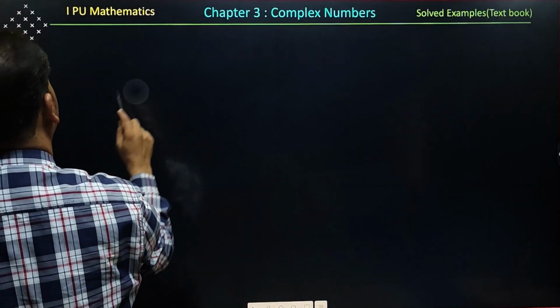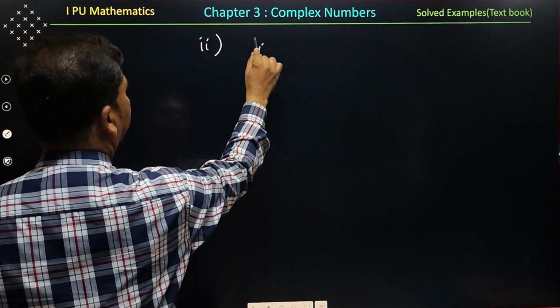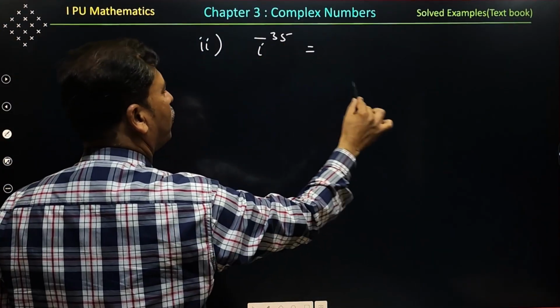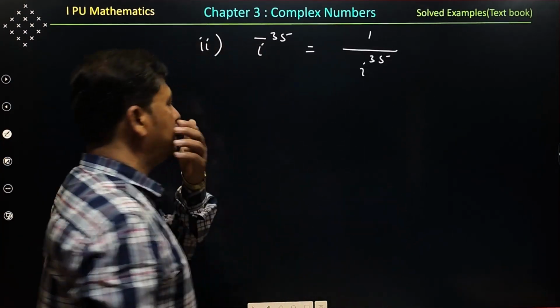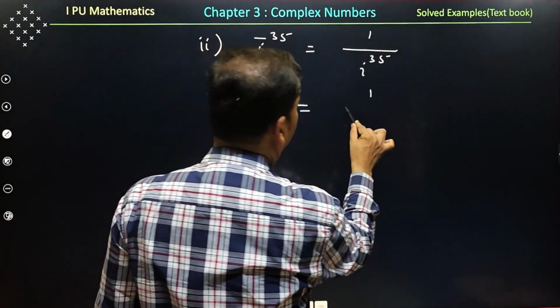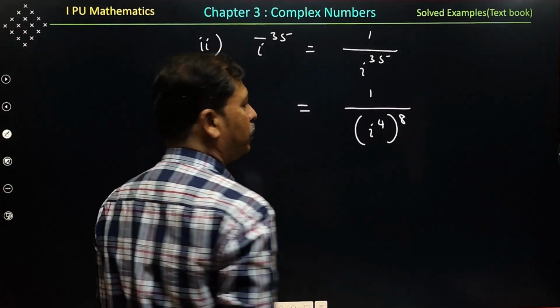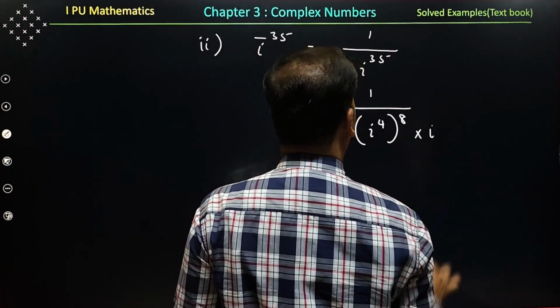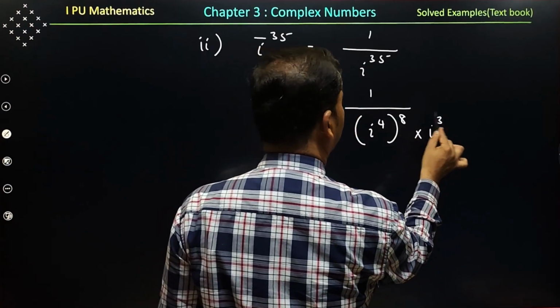This is the second sub question, I to the power minus 35. What should this be? It should be 1 upon I to the power 35. The indices property must be applied first. Then 1 upon I to the power 4 raised to the power 8, 4 into 8 is 32, into I cube.